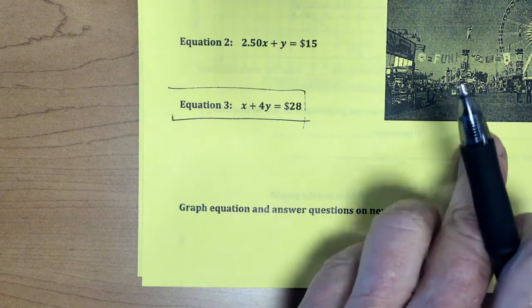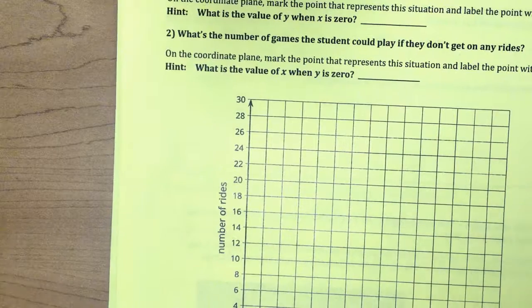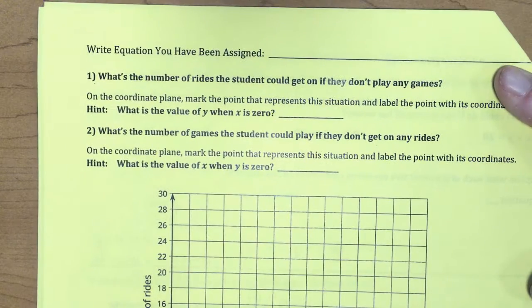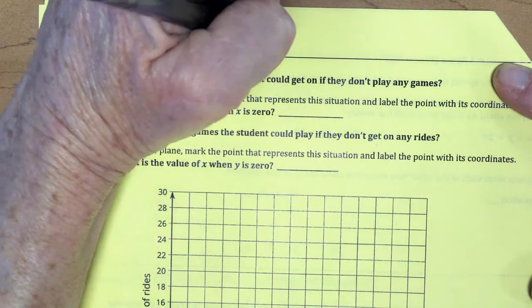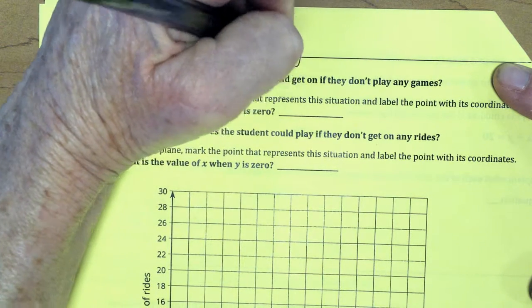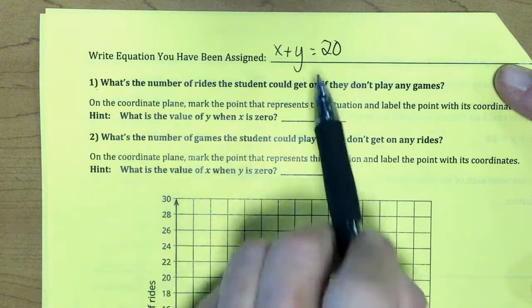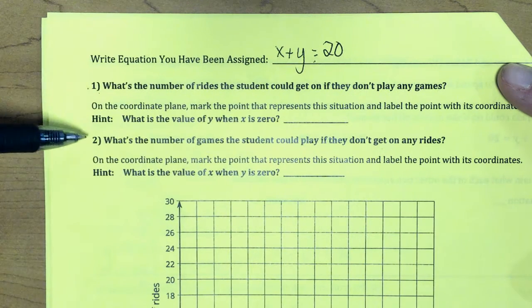And basically what I wanted you to do is answer the questions based on the equation that you had been assigned. So, if I do the one of x plus y equals 20, that's standard form, and I'm going to answer these questions.